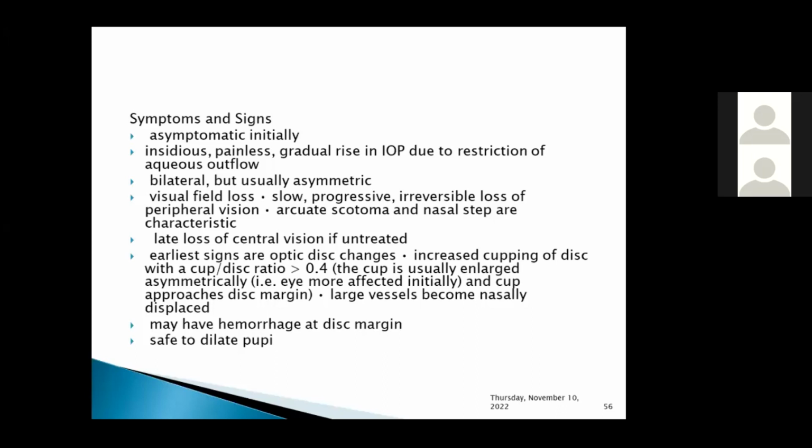We usually make the diagnosis of primary open angle glaucoma when they come for other complaints, like foreign body sensation, tearing, redness, or conjunctivitis. A good physician would also look at the disc and measure the intraocular pressure. By doing so, you will pick up primary open angle glaucoma.